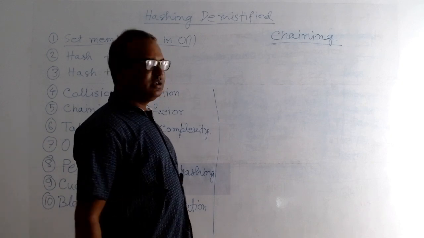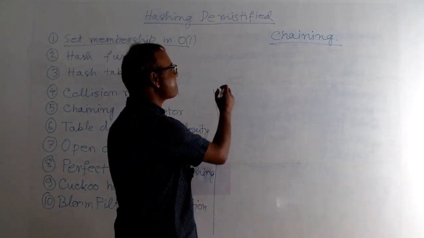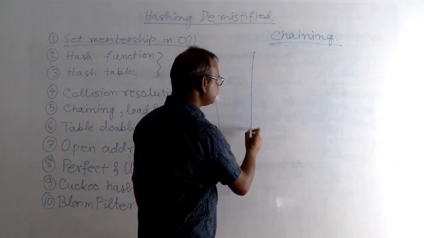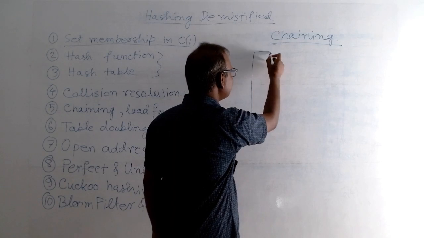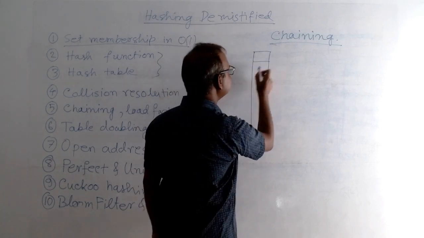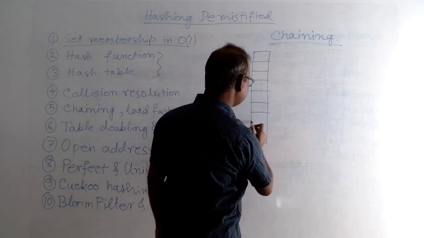What we do in chaining: this is our hash table, and we are mapping elements.